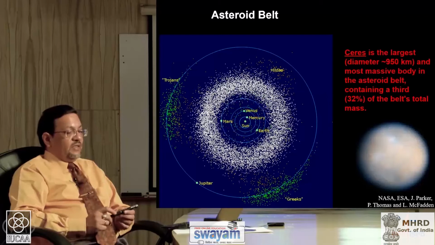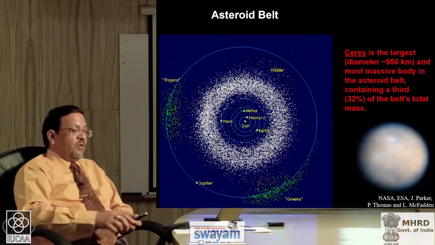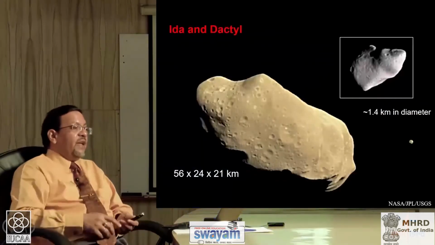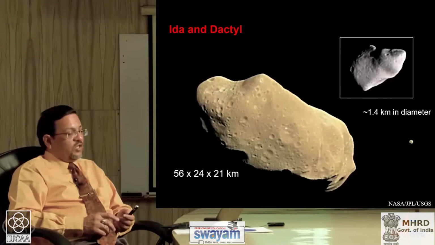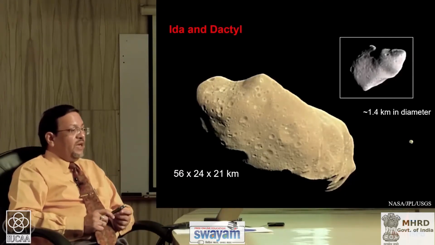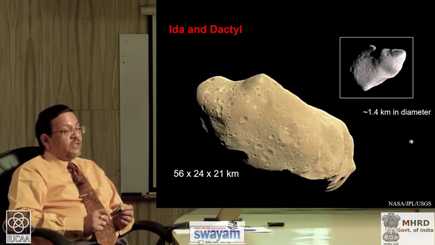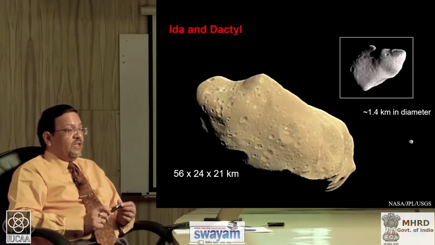These asteroids, Ceres of course looks somewhat circular, but still it is not perfectly circular, but one can have asteroids of varying dimensions and shapes. For example, Ida and this asteroid also can have their own satellites. For example, here you see Ida having a satellite called Dactyl.